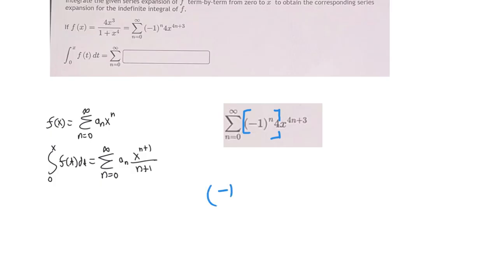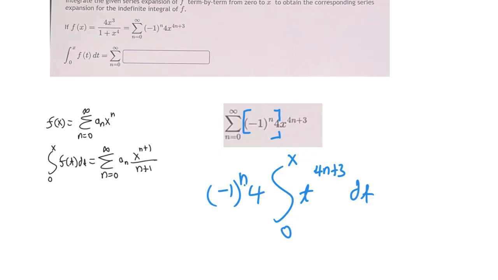So we have -1 raised to the n, and then you have 4, but then you have this integral situation where it's 0, x, and what would that be? Instead of x to the 4n plus 3, you should replace it with a t. So it's t raised to the 4n plus 3, and that's dt.